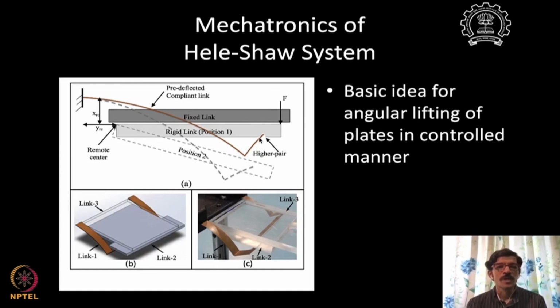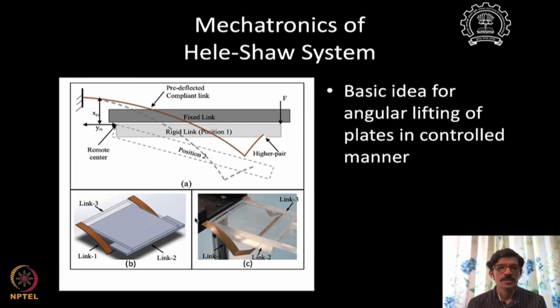So this particular kind of mechanism, which we can now call not just a beam but a mechanism, has this remote center of motion, and we use two such beams on the two different sides of this glass plate to really do the job. This is a solid model of that design, and this is the actual fabricated hardware.